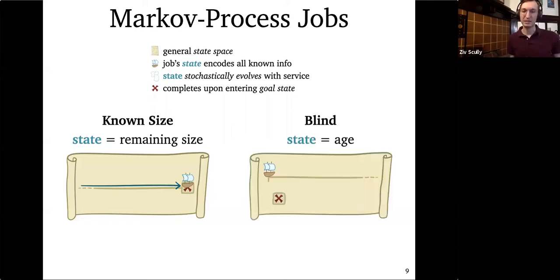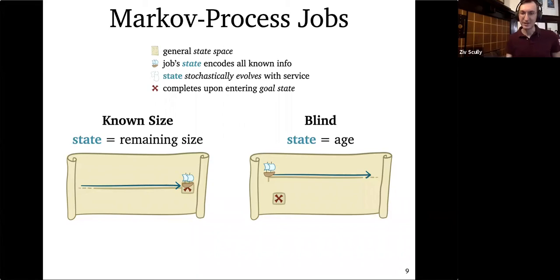Let's talk about the blind case next. In the blind case, remember what we know about a job is how much we've served it so far. So we're going to say that a job state is its age. And we'll have one extra state, which is the goal state off to the side. The way the dynamics work, the way the state stochastically evolves with time, is that a job's age advances as you serve the job, because the age is the amount of service it's received so far.